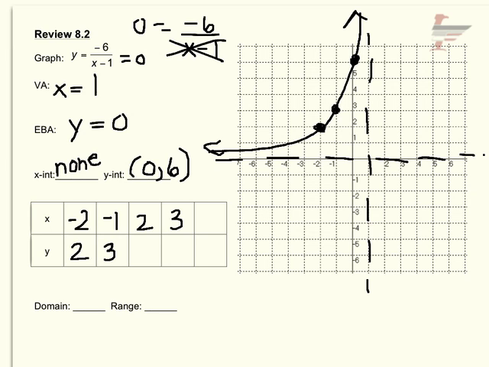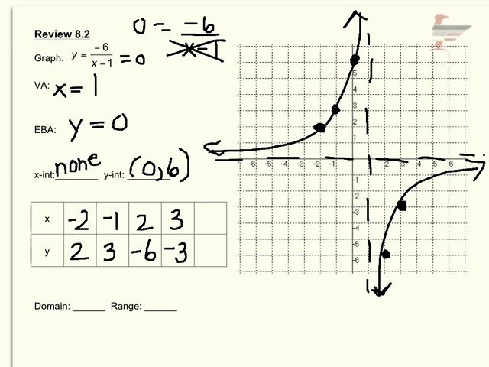If I put in +2, 2 minus 1 is 1, and -6 divided by that is -6. Put in 3, 3 minus 1 is 2, -6 divided by 2 is -3. So 2 and -6, and 3 and -3, and again I can get that other hyperbola branch following the asymptotes.